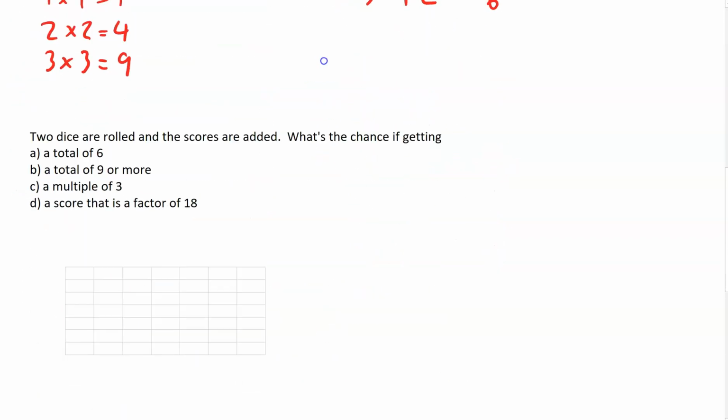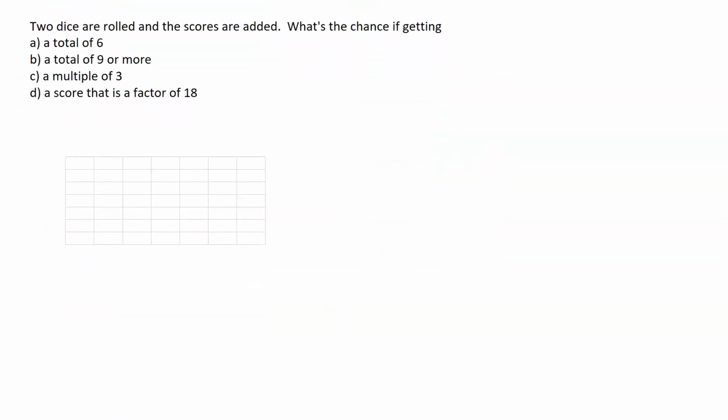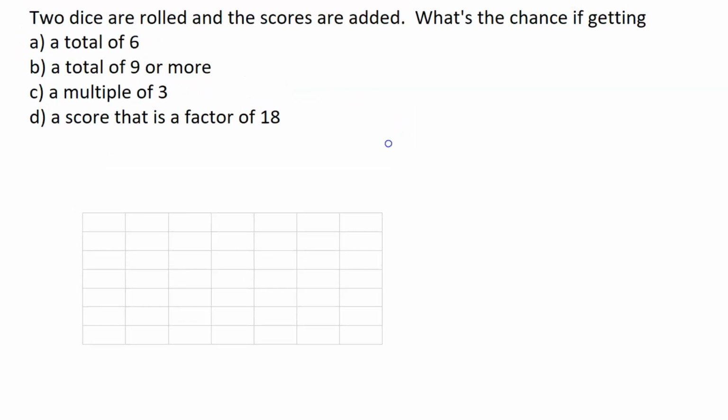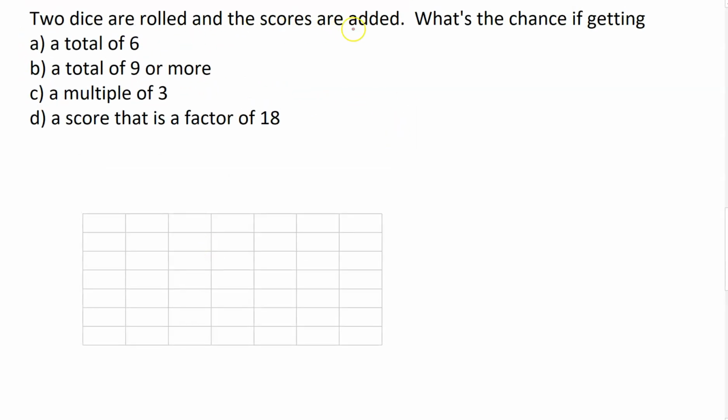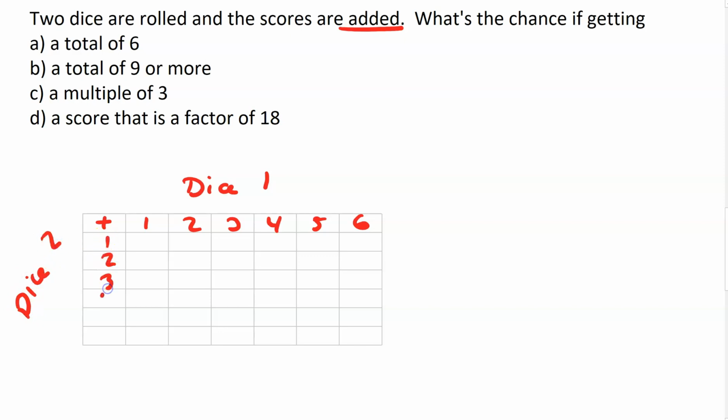And if we scroll, this time I will zoom in on that there. So we have 2 dice, the scores are added. So on dice 1, 1, 2, 3, 4, 5 and 6 were the options. On dice 2 I have 1, 2, 3, 4, 5, 6.